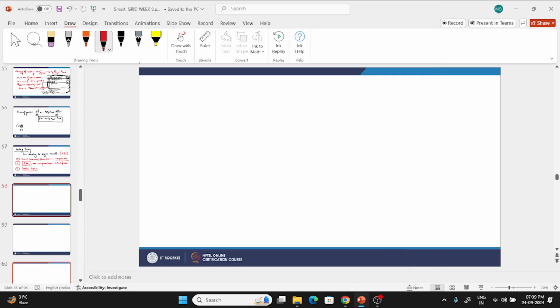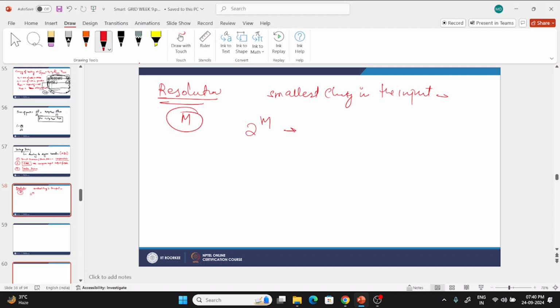Now coming to the resolution. How we can calculate the resolution of any ADC? ADC का resolution क्या होता है, smallest change in the input signal that can be measured. Let's say any ADC has an m-bit output, so it will have 2^m output codes.